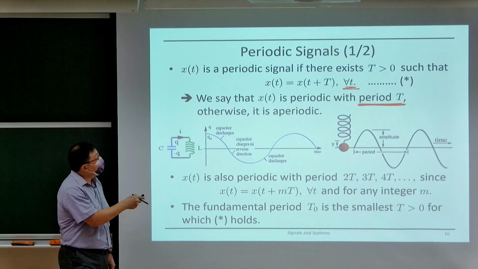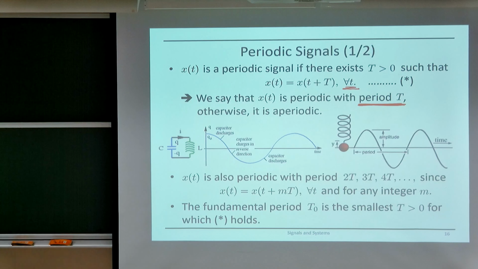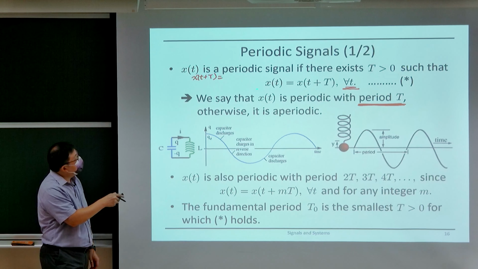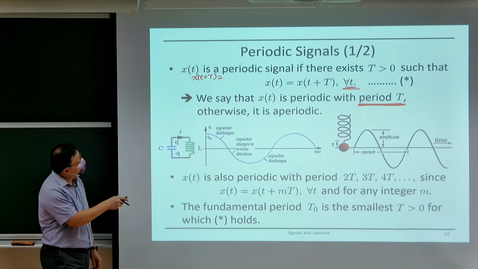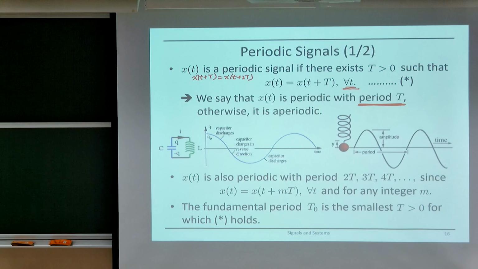So if you plug in t plus capital T inside here, then it should be equal to x of t plus 2T. Similarly, if you plug in t plus 2T, then it should be equal to x of t plus 3T, and so on and so forth.